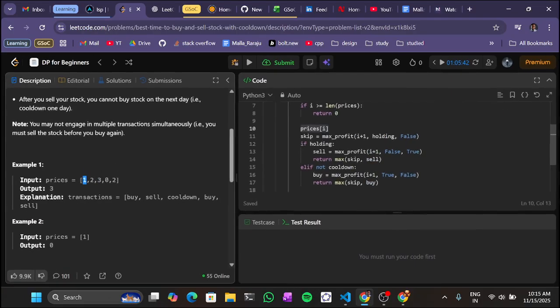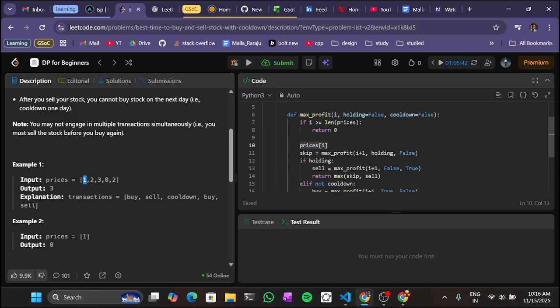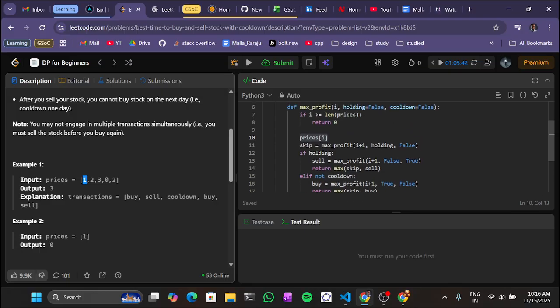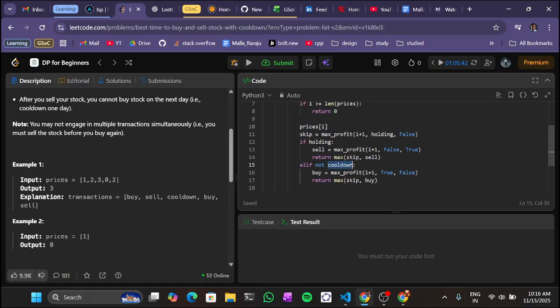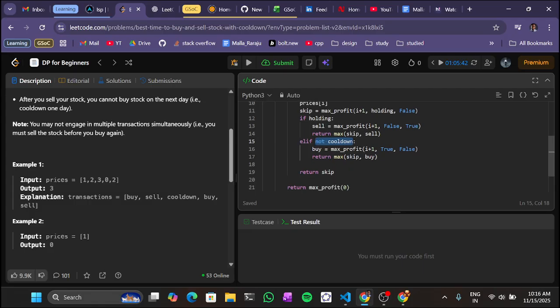Since initially we'll buy, because we won't have anything to hold, initially holding will be false. So if holding is false, then we can buy, and initially cooldown is also false since we didn't sell anything.